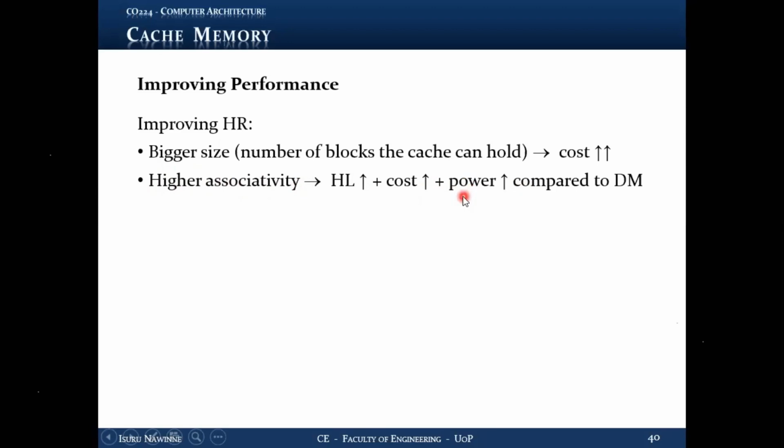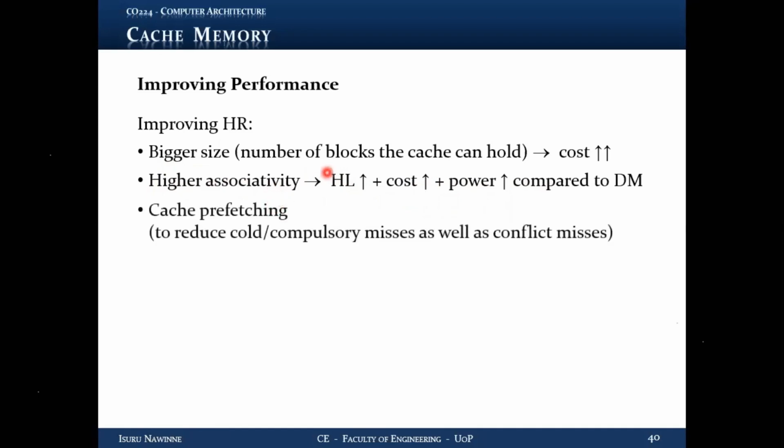So added logic compared to direct mapped caches increases our power, increases the cost, as well as increases the hit latency, as we saw when we looked into the design of associative caches. But anyway, it is one of the commonly used techniques to improve hit rate, right?